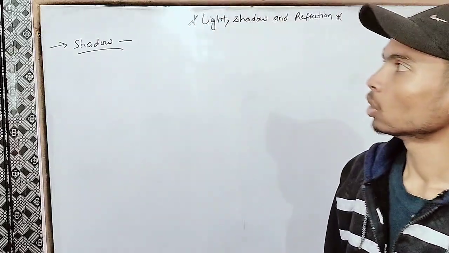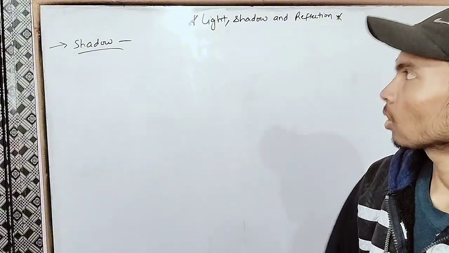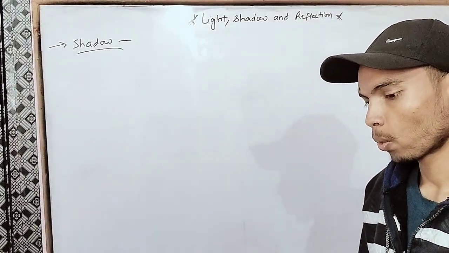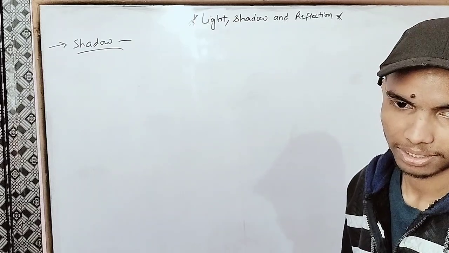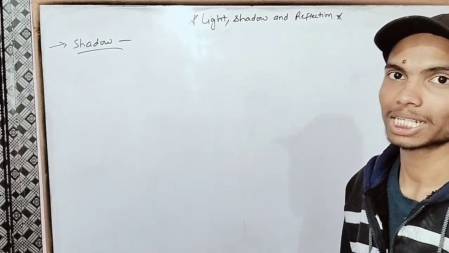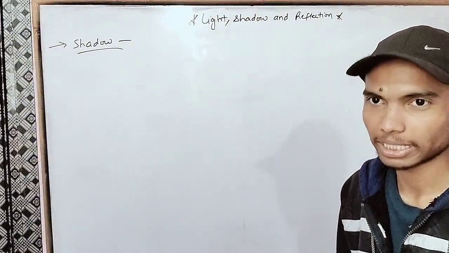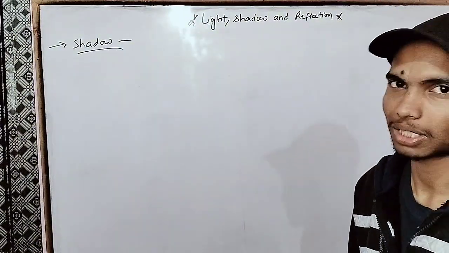Okay. So a shadow will form when there is an opaque object. A transparent object will not create any shadow.